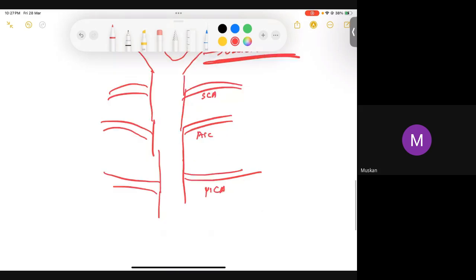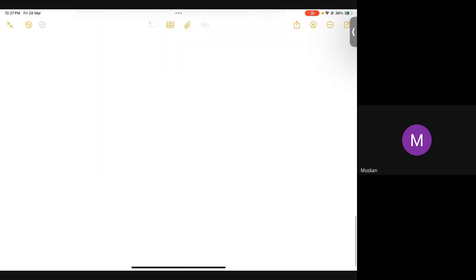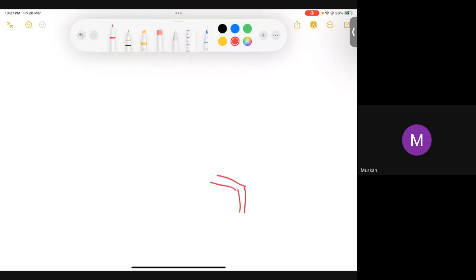So let me just draw the entire arterial supply. For example, these are our vertebral arteries. They join here at the pontomedullary junction. First of all they give the anterior spinal artery and two posterior spinal arteries.